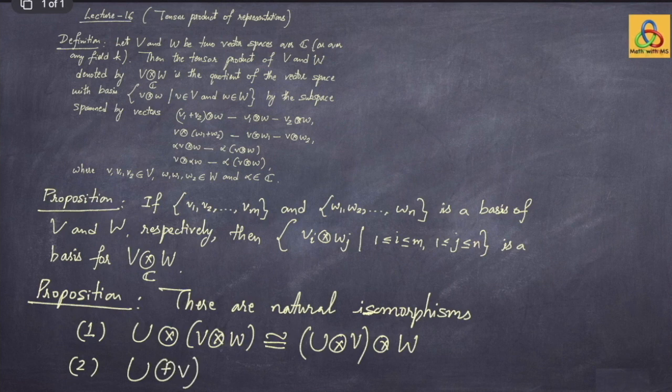U direct sum V tensor product with W is isomorphic to U tensor W direct sum V tensor W.